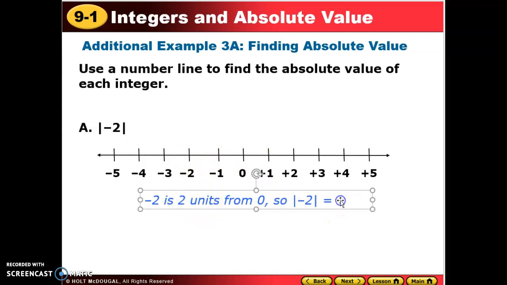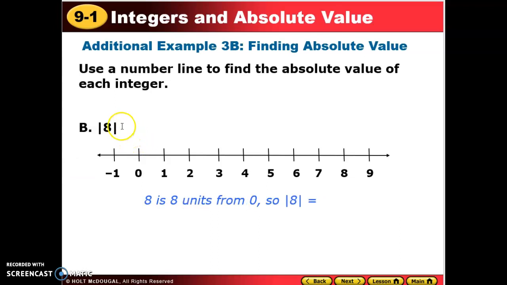So the absolute value of -2 is 2. It's just 2. That's it. And again, just a thing to remember, take the negative sign away, and that's your answer.